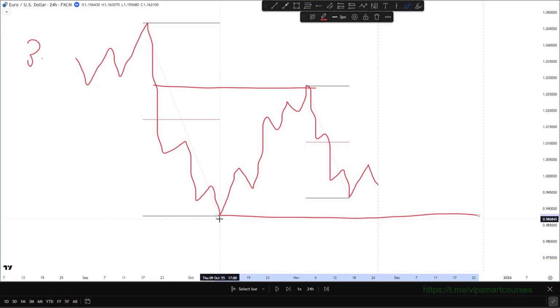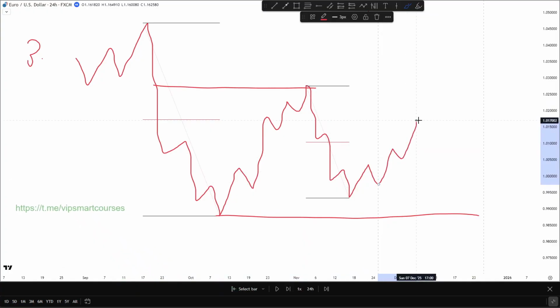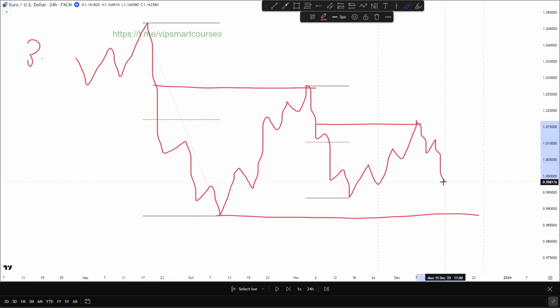But since we formed a new dealing range on the 4-hour, our expectation for price would be to first rebalance this micro dealing range, and once we've rebalanced it and tested a premium key level within it, then our expectation for price will be for this week to have a range expansion profile lower.